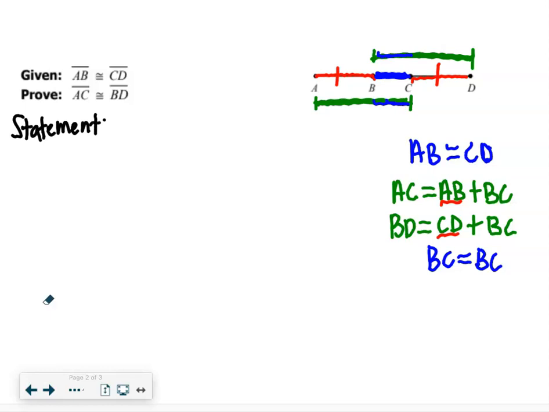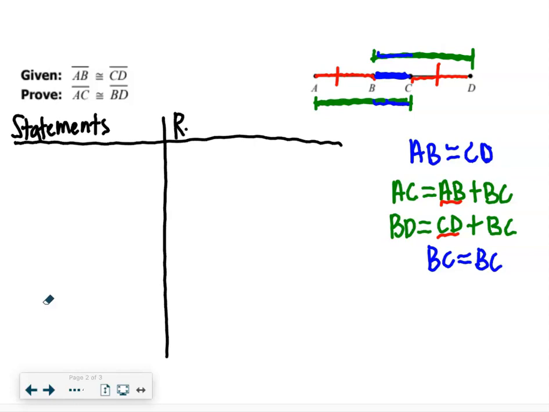You could do a two-column proof if you want. I personally prefer the two-column. I say you can do a flow proof, is what I meant. I like the two-column. It's just easier for me because I write so big, but it's up to you. You do what works best for you. The first thing we always write down is our givens.